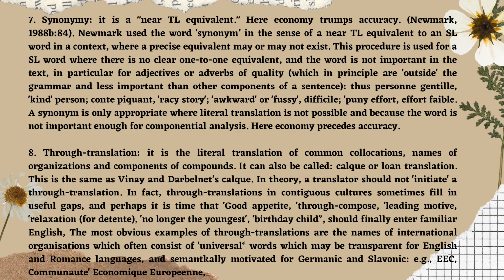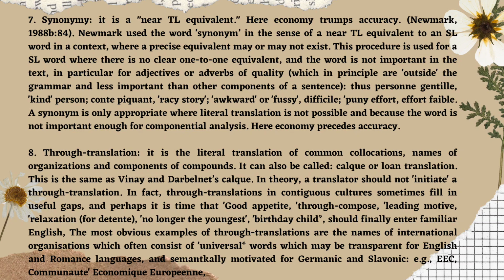Next, number 7, synonym. It is a near TL equivalence. Here, economy of terms is required, by Newmark 1984. Newmark used the word synonym in the sense of a near TL equivalence to an SL word in a context where a precise equivalence might or might not exist.